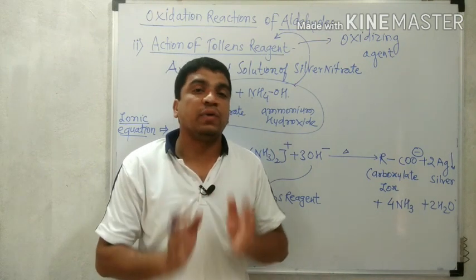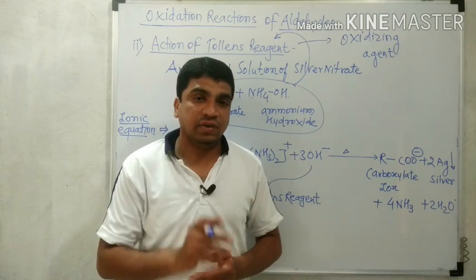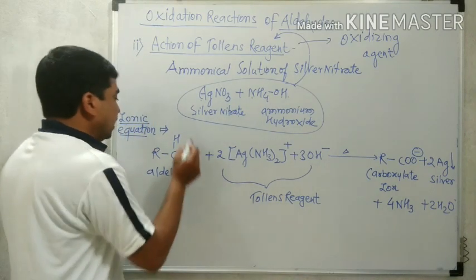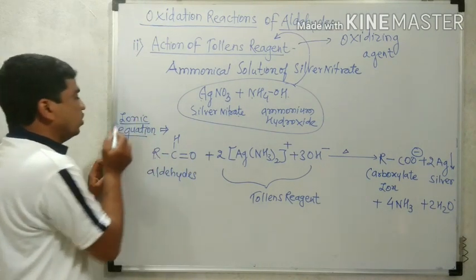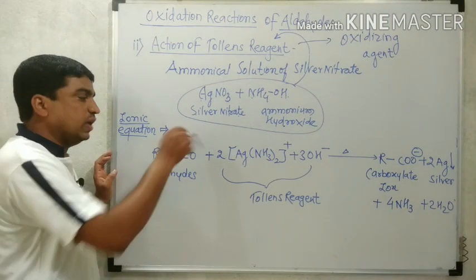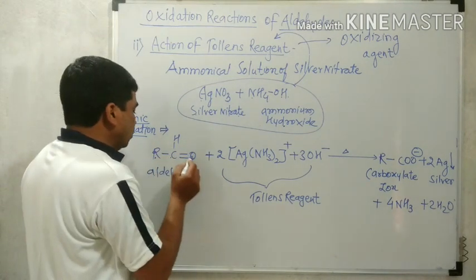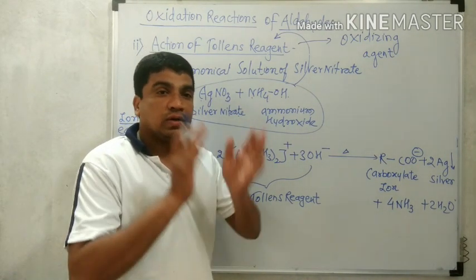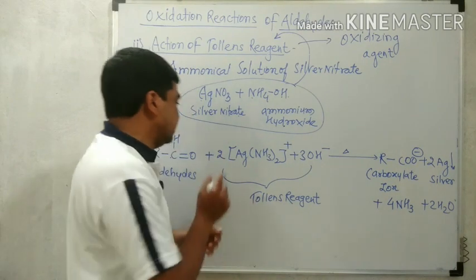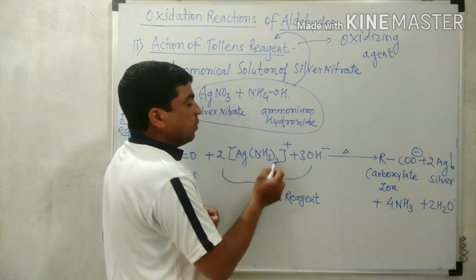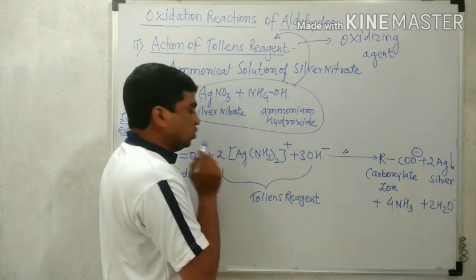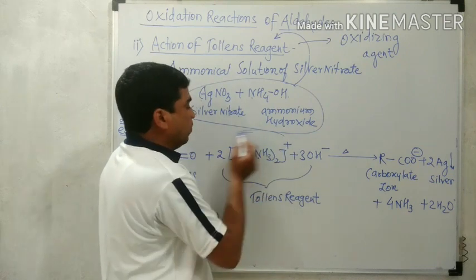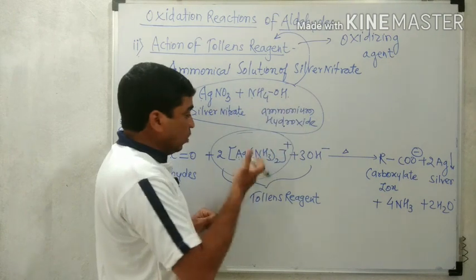Look at the reaction. What happens when aldehyde reacts with Tollens reagent, or what is the action of Tollens reagent on aldehyde? When aldehyde RCHO reacts with Tollens reagent, we are going to discuss the ionic equation of that action. The important part of the Tollens reagent is the [Ag(NH3)2]+ complex.